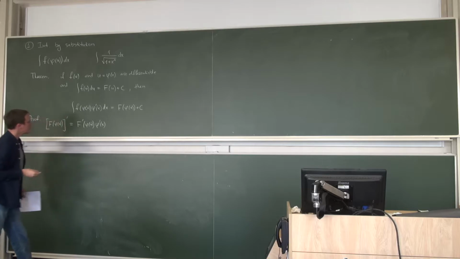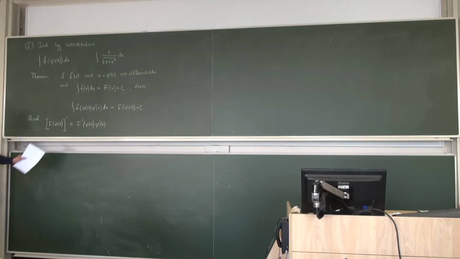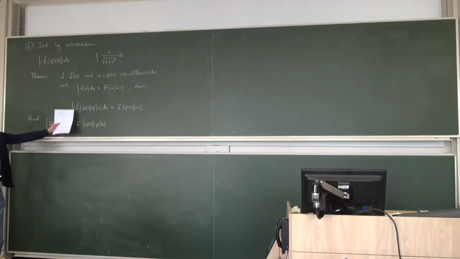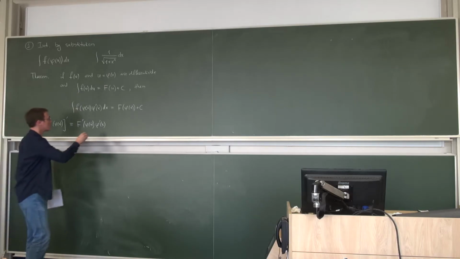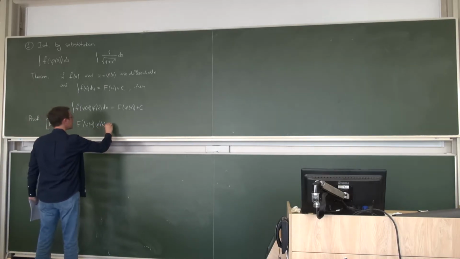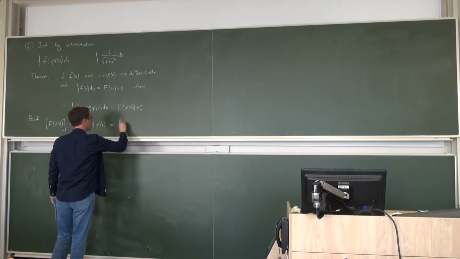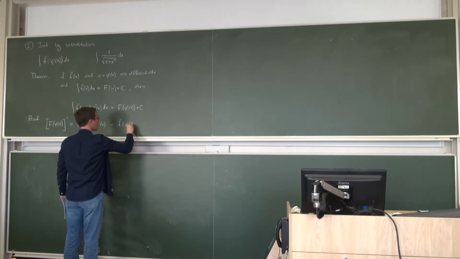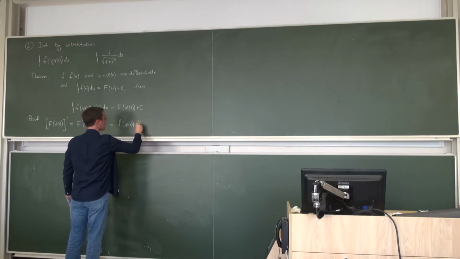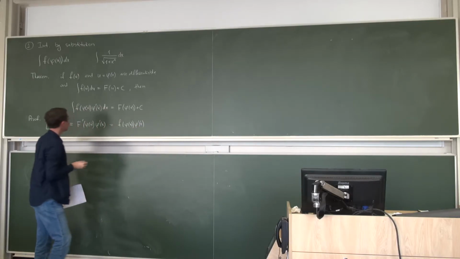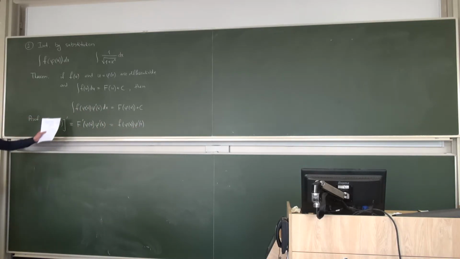But by our assumption this is the antiderivative of the small f. So this is actually f of phi of x, phi prime of x, which is exactly what occurs under this integral.